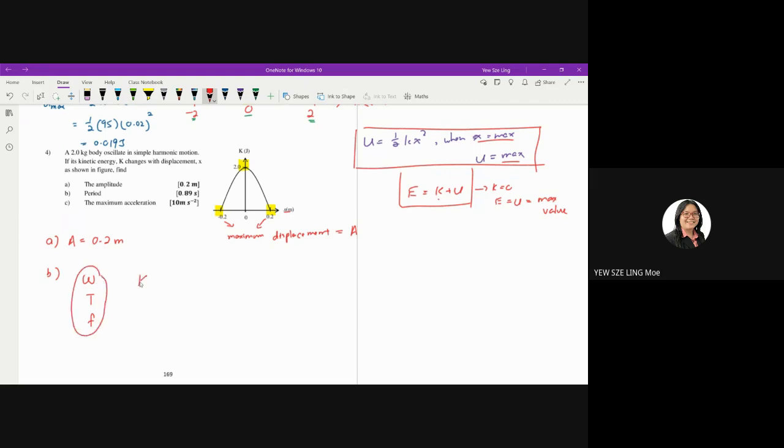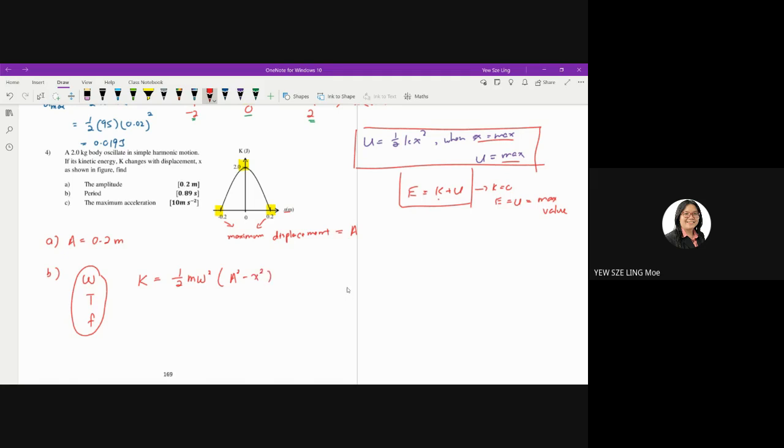We know K equals 1 over 2 m omega square, bracket a square minus x square.